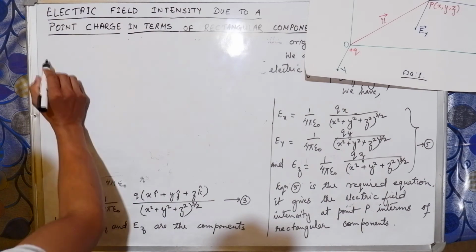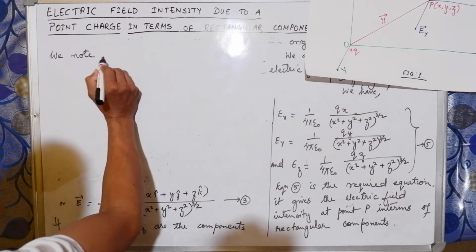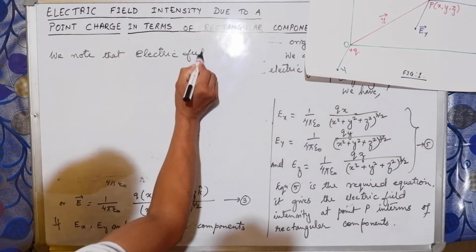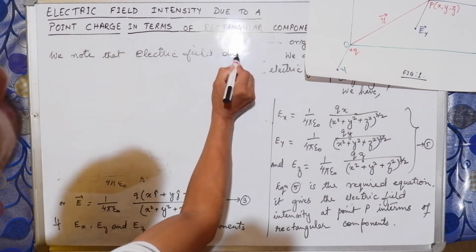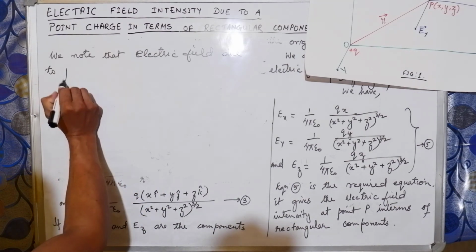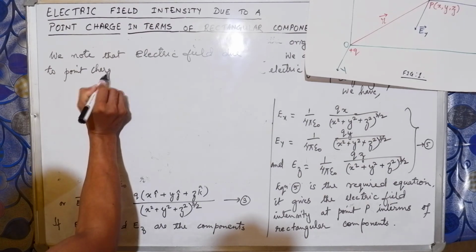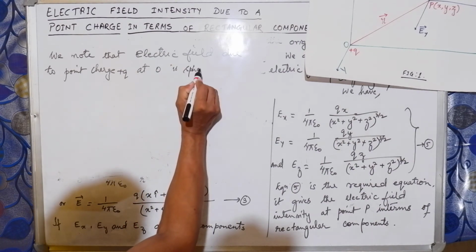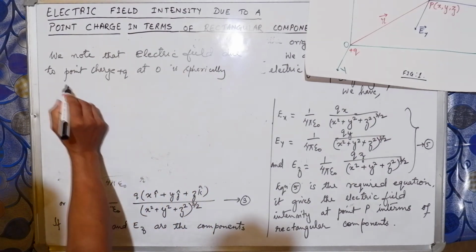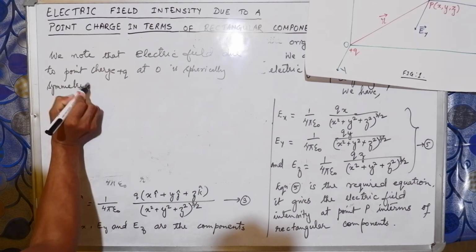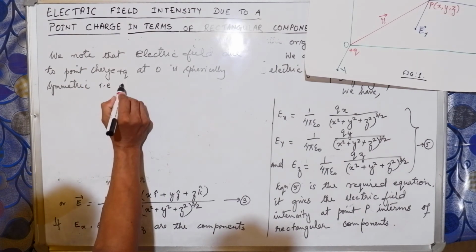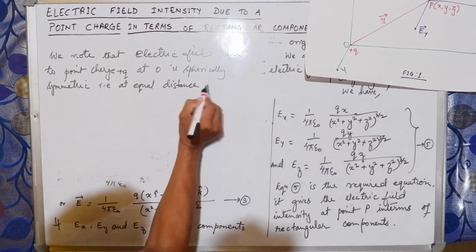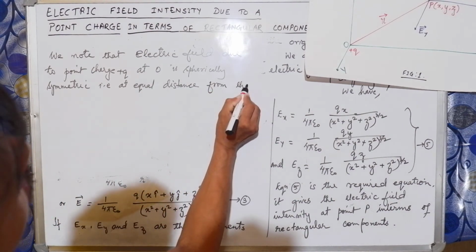We note that the electric field due to point charge plus Q at O is spherically symmetric, that is, at equal distance from the charge.